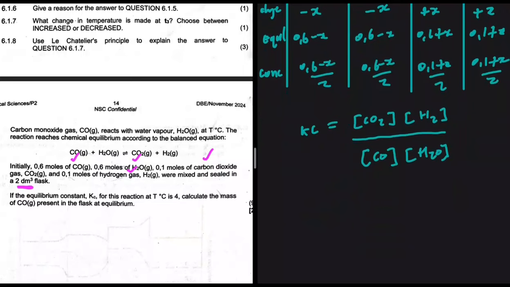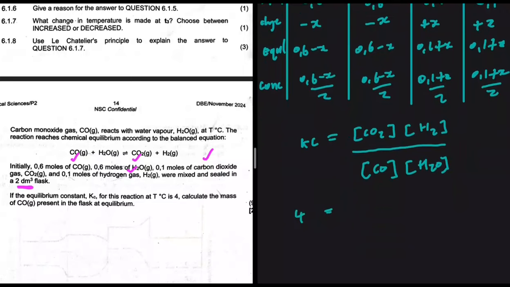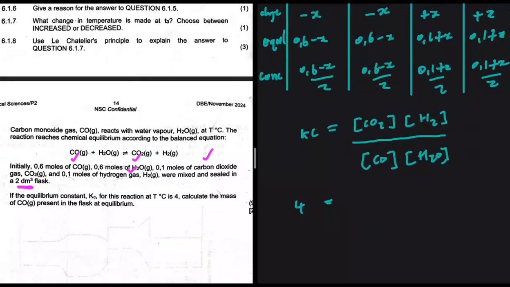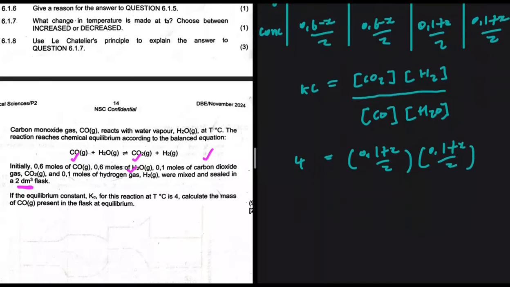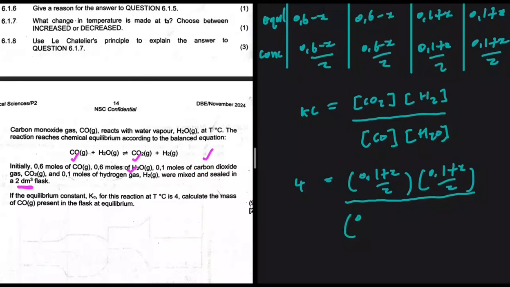So what is the Kc? The Kc is 4. Concentration of CO2, that is 0.1 plus x over 2. And then H2, 0.1 plus x over 2. Everything divided by the concentration of carbon monoxide, 0.6 minus x over 2, 0.6 minus x over 2.